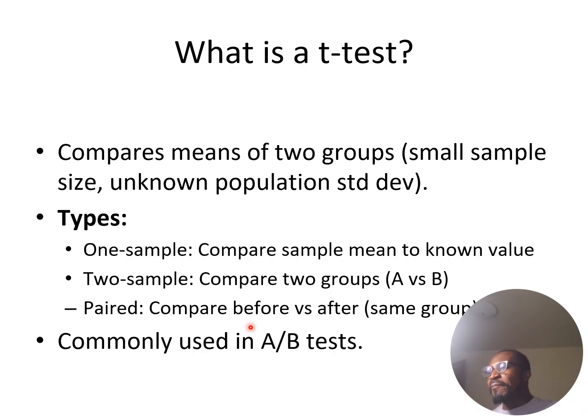We can then use a paired test to compare the accuracies of those two models, because we are using the same data set, but with different samples. So this t-test is mostly used for what? For A/B testing.